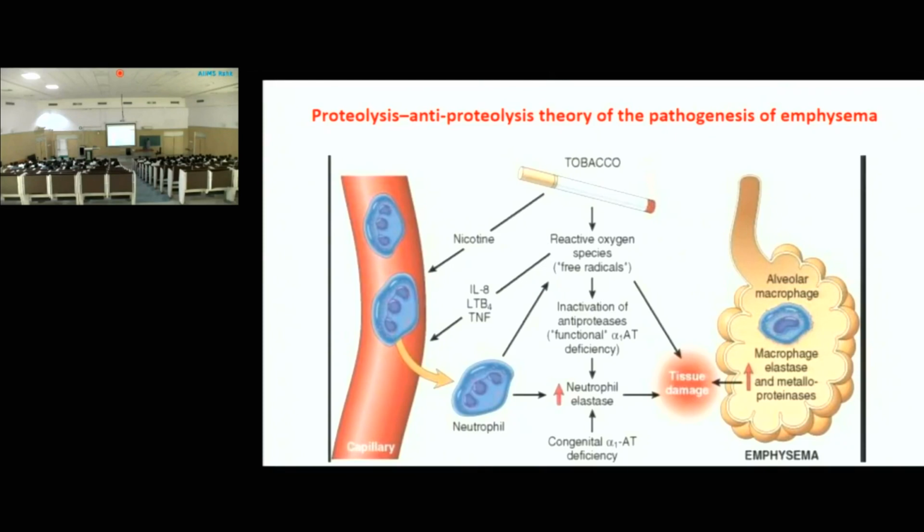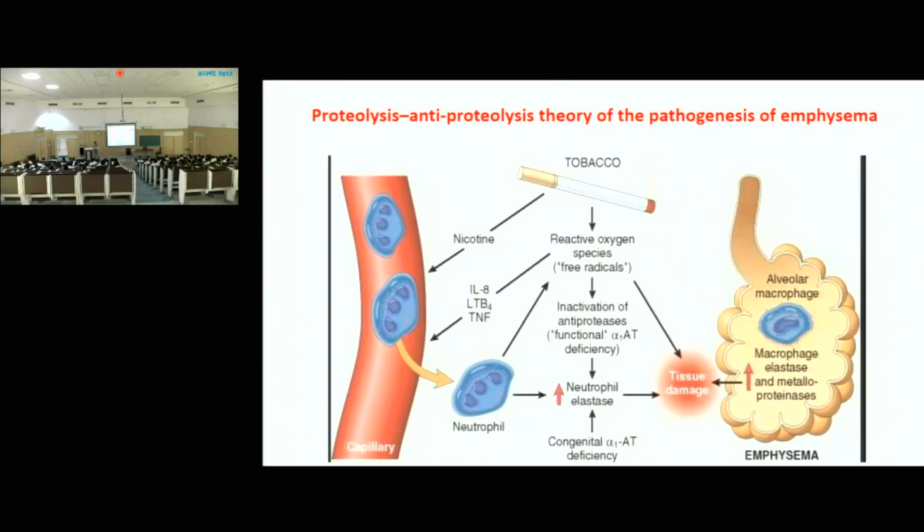In normal human conditions, all 3 are balanced, in equal proportion, so the ultimate effect will be null. But what happens due to chronic smoking and pollutant substances? The levels of these anti-substances are down-regulated, so the degradation of elastin fibers is not controlled.